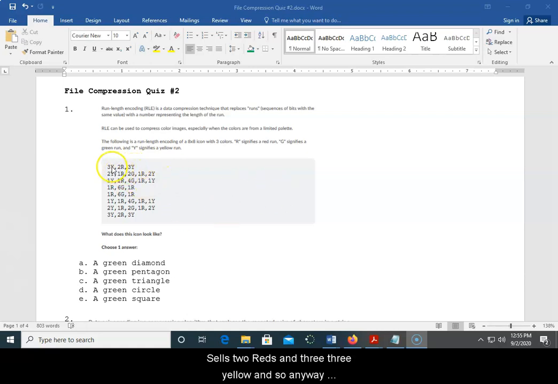And so when you do this, what I would do is draw out an 8x8 grid, and I would put Y, Y, Y, R, R, Y, Y, Y, and then on the next row I would do Y, Y, R, G, G, R, Y, Y.